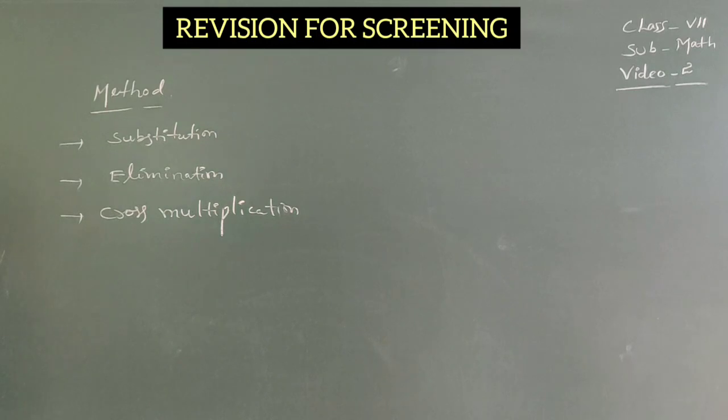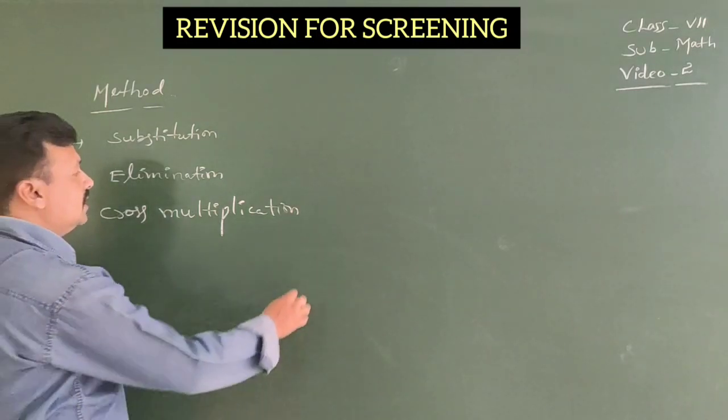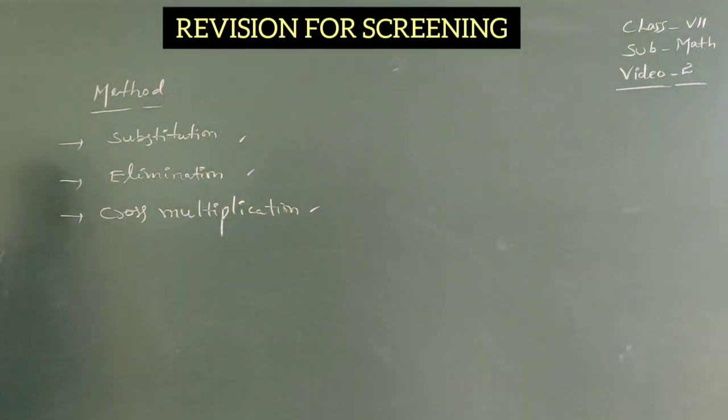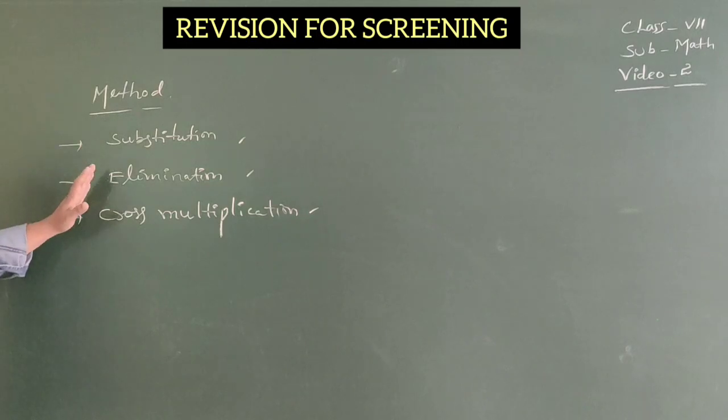The first one, substitution, second, elimination, and the third one, cross multiplication method. With the help of these three methods, we can solve the given simultaneous linear equations.